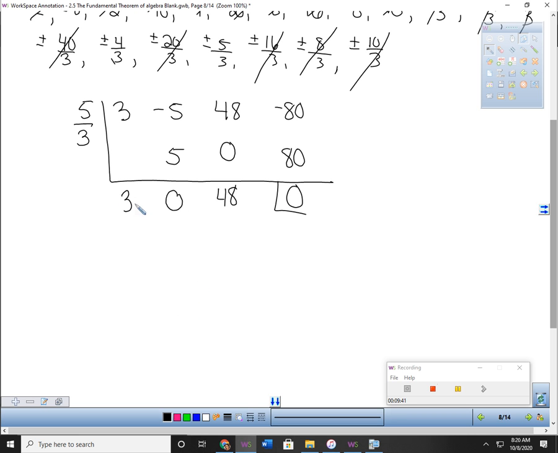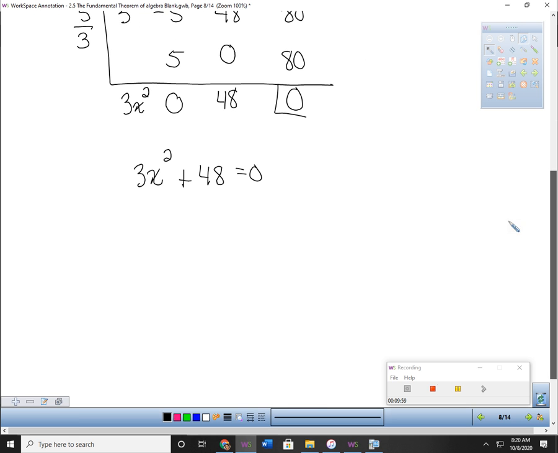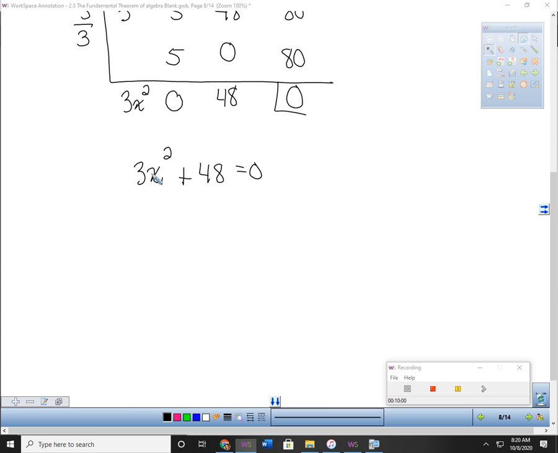So this would be 3x to the 2nd. I don't have an x, and then a 48. So I have 3x squared plus 48 equals 0. I don't need to use the quadratic formula, though, because I can just solve for this x, right? So I'm going to subtract the 48.